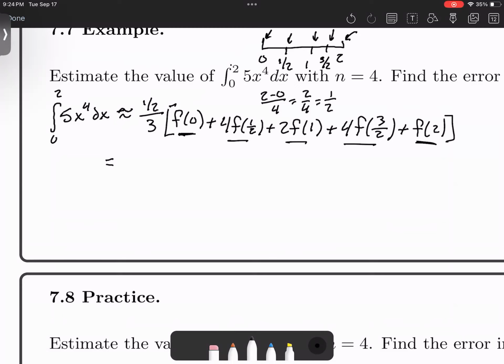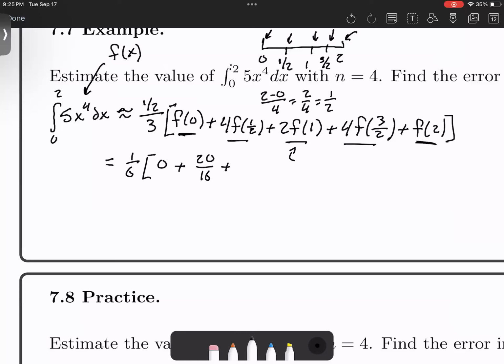So running through this algebra, we have 1/6. Plugging 0 into this function, we have 0. If I plug 1/2 in and multiply by 4, I have 20/16.